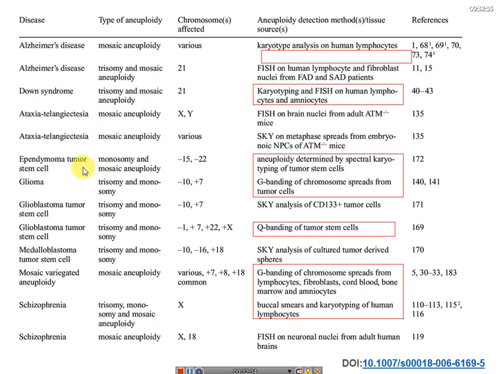Here are some examples where karyotype analysis has been used to detect any aneuploidy or any malformation in the chromosomes. Here you see Alzheimer's disease, Down syndrome, ataxia and telangiectasia, right?